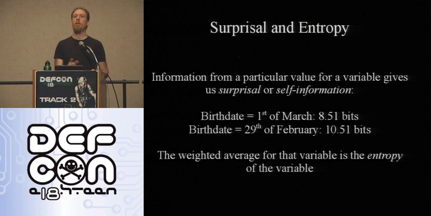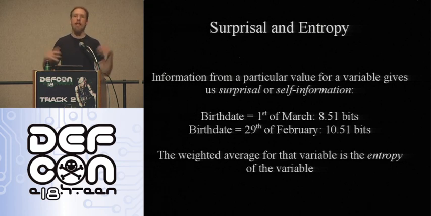If, however, you learn that my birth date is the 29th of February on a leap year, then you get a bit more information because the likelihood of that being true is only a quarter of what it would be for any other birthday, so you get more information, 10.51 bits, typically. So we call that first measurement the surprisal or self-information of a fact you've learned. So surprisal that I was born on the 29th of February, 10.51 bits.